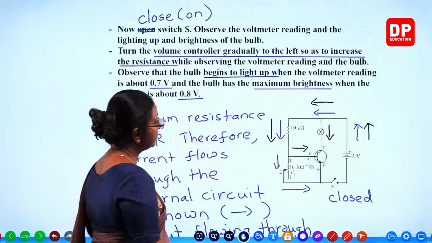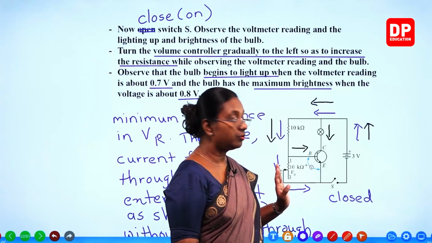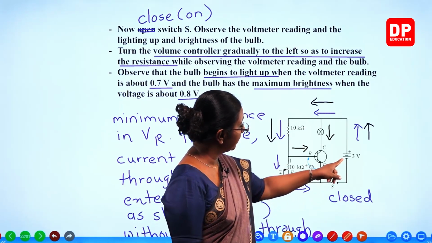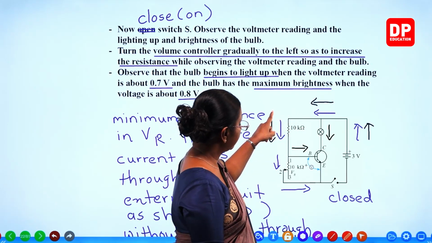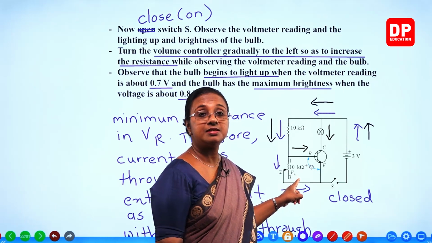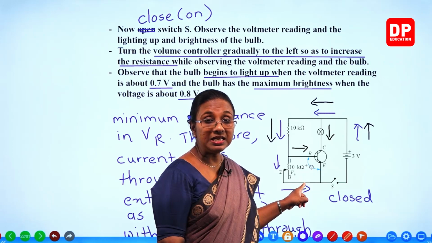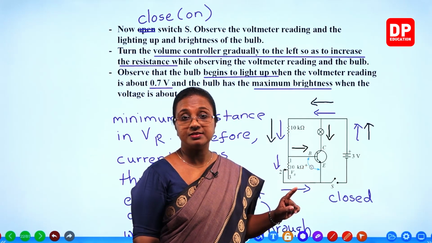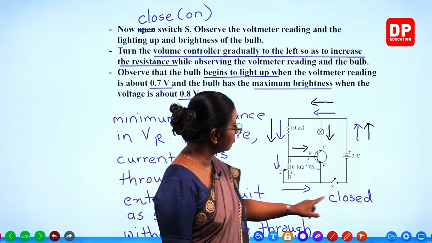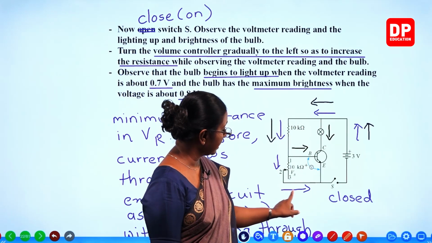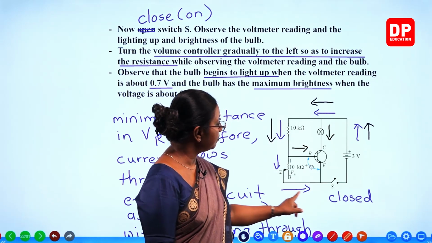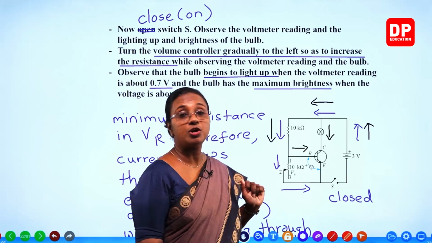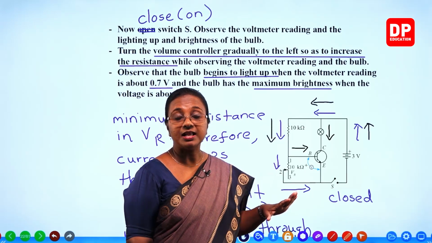So here you can see we have to close S, that is to make the circuit complete. Then what will happen? From the battery, current flows, but since the resistance of the volume controller is the minimum, the external circuit will have the lowest resistance. Because of that, current flows through the external circuit. That is what is indicated by the blue color arrows. But when you increase the volume controller, then what happens?